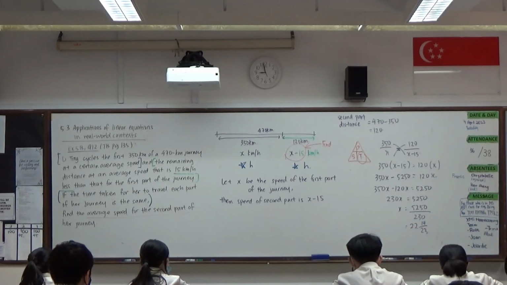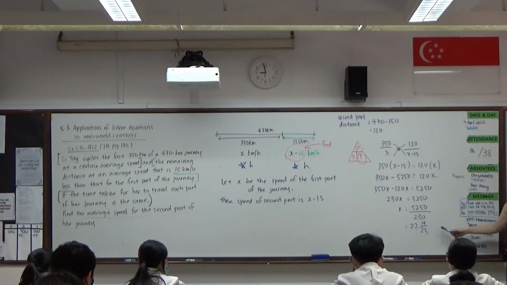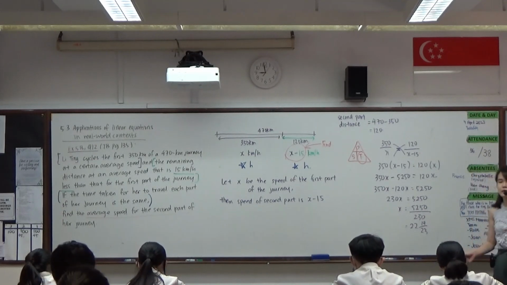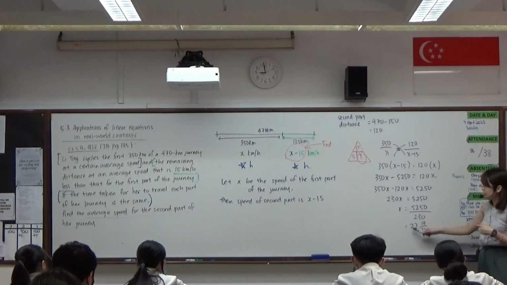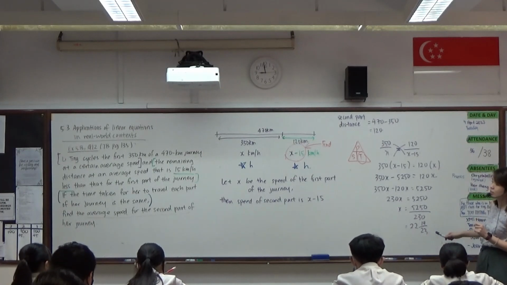And we find that our x, we always give our answer exact when possible. That means when your calculator gives you a very long decimal, try to press and see if you can get a mixed number or not. In this case, we can. We get 22 and 19 over 23. But the question is not asking us to find x.